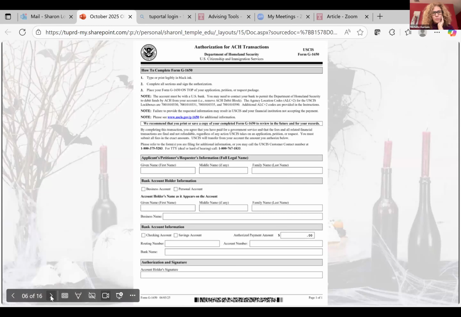Karen, what is this form for? So let's say you were filing an H-1B petition and we're going to do it online. You have the option of using a G-1450, where you use your credit card, like your purchasing card. This is new, and it allows you to have the money directly debited from your bank account. Got it.